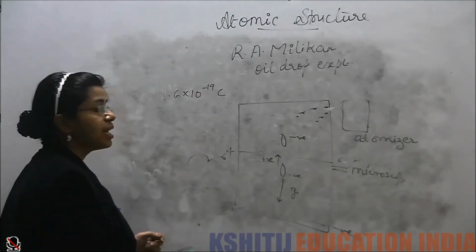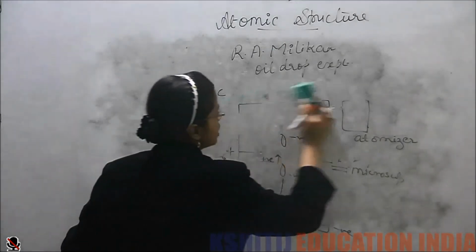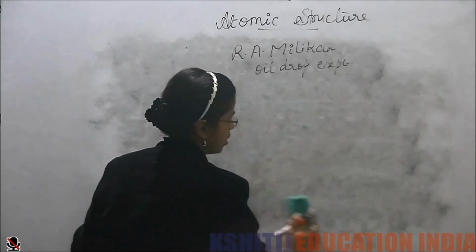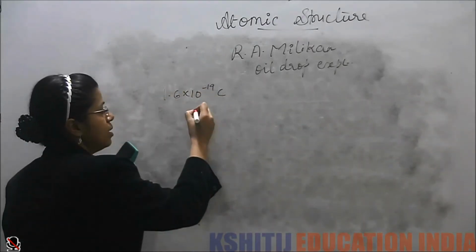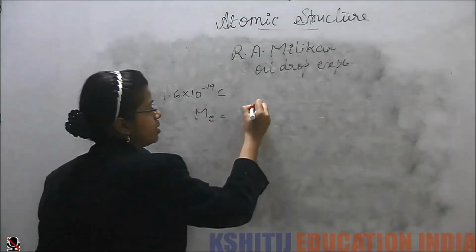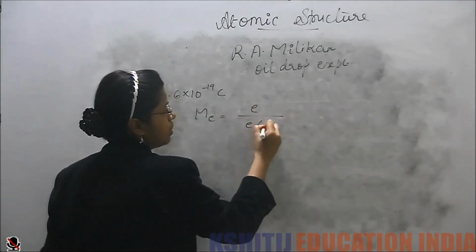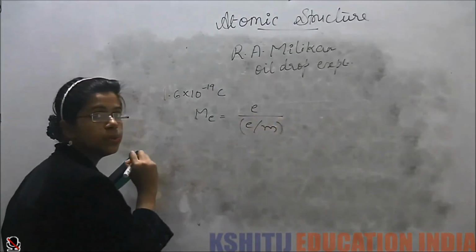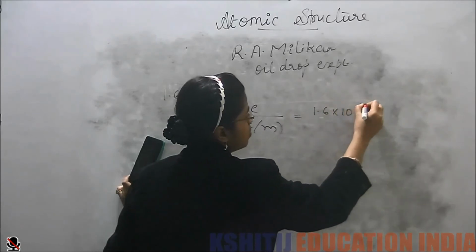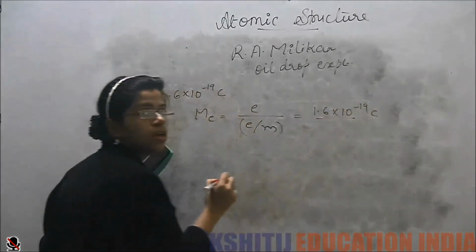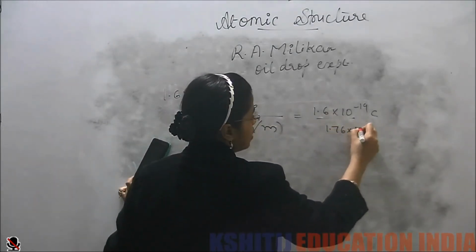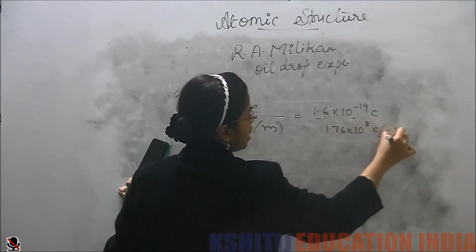And by combining the charge by mass ratio, he found the mass of the electron. We can write it as charge divided by the e/m ratio. The e value we have is 1.6 × 10^-19 coulomb, and the e/m ratio we have is 1.76 × 10^8 coulomb per gram.